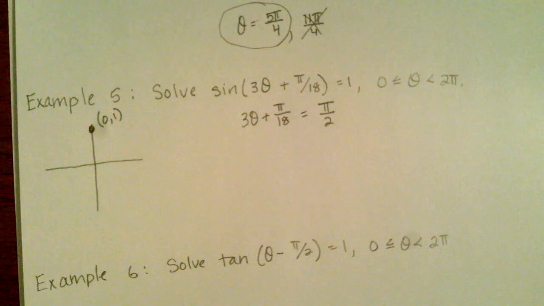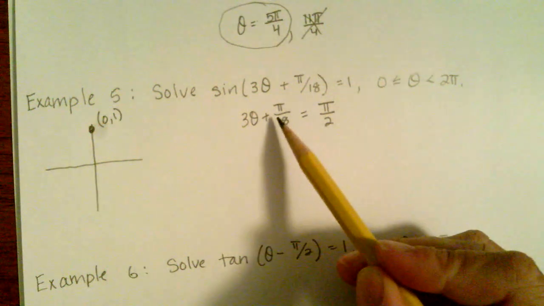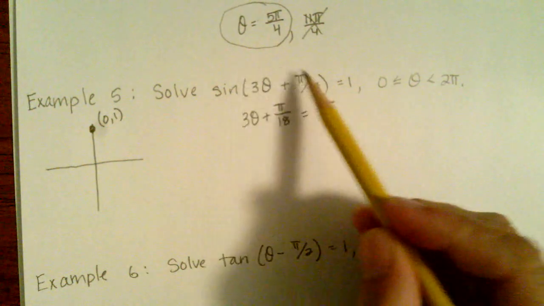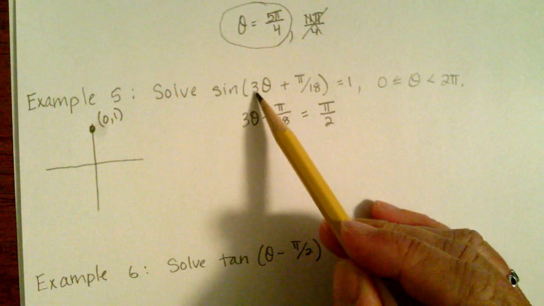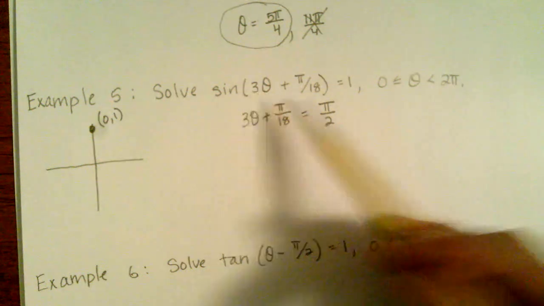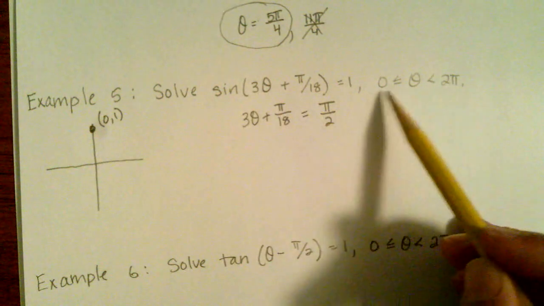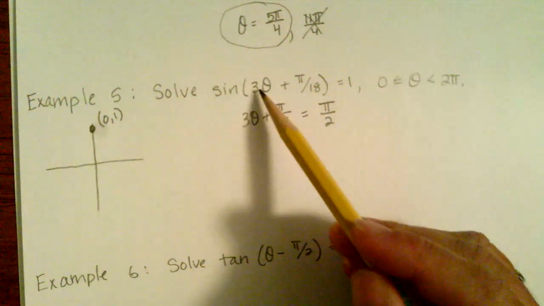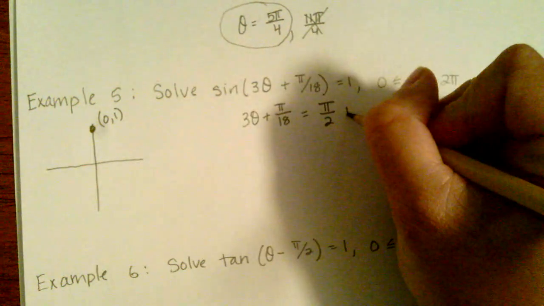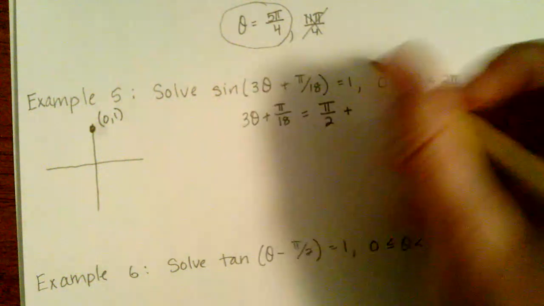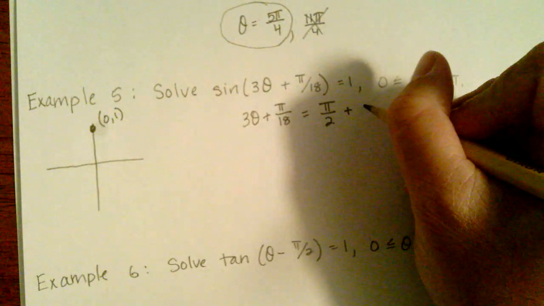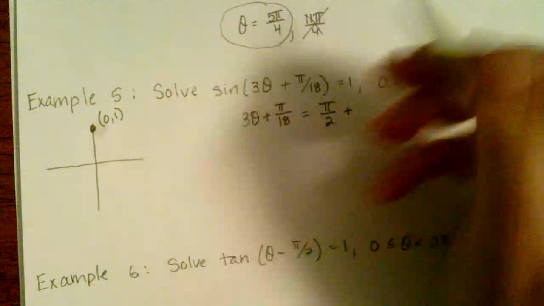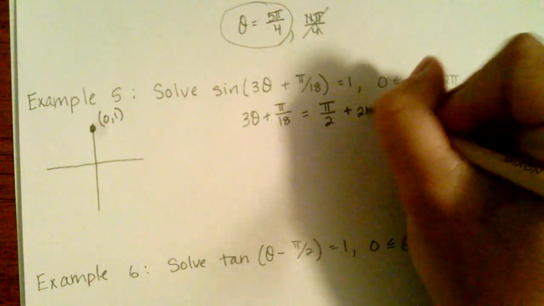Okay, but also because this argument has a coefficient other than 1, we need to take into account the period. So we also need to put plus the period of the sine, which is 2 pi n.